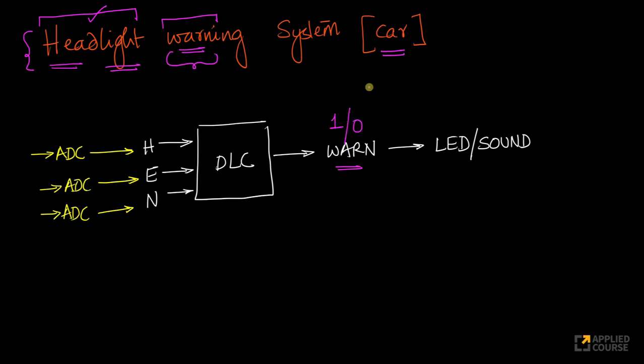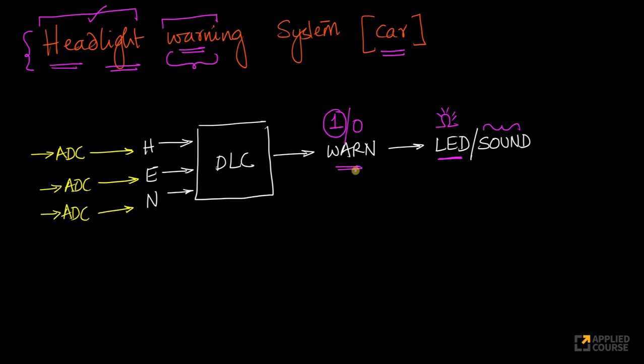This warning is fed into an LED, which is a light that glows, typically on your car dashboard, or it can even sound a small beep saying there is some problem with your headlight, please check it. The warning can be either because the headlight is unnecessarily turned on or because it is not turned on when needed.